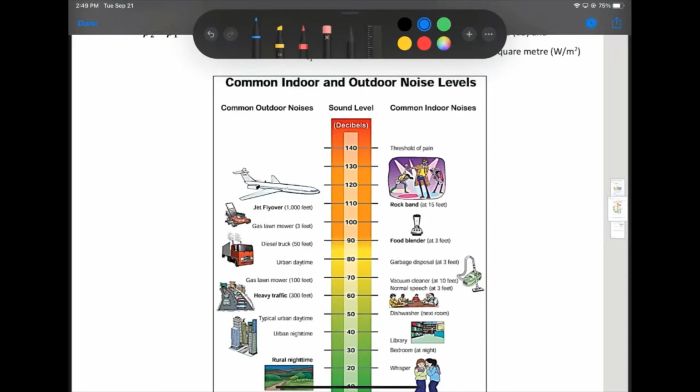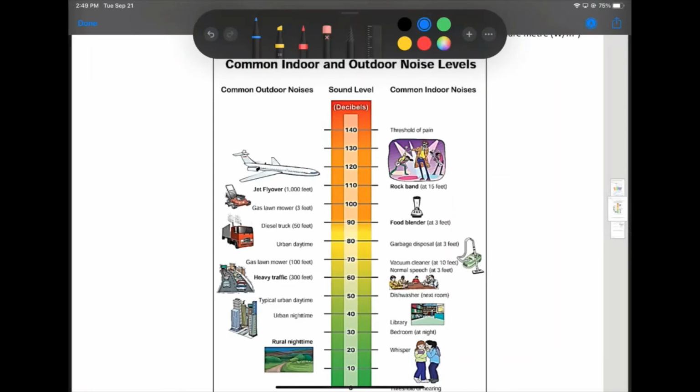So what that means is if I just draw on this table a little bit, if I go from, say, for instance, a sound of 120 right here, and I go up to 140, it got 10 times louder and 10 times louder again. So 140 is 100 times louder than 120. And that's actually going to be true for 60 to 80.